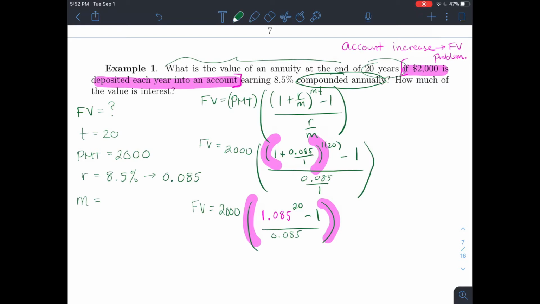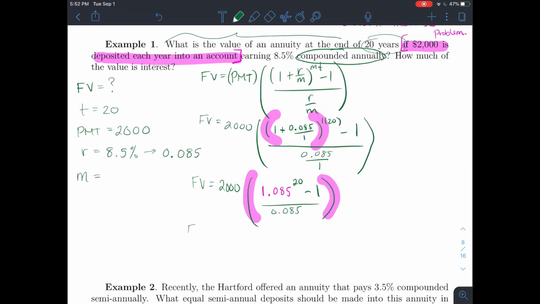And we should be getting 4.112046125 all over 0.085. And if you still have that long 4.112046125 in your calculator, you can simply hit your division symbol and then just divide it by your denominator, which was 0.085.